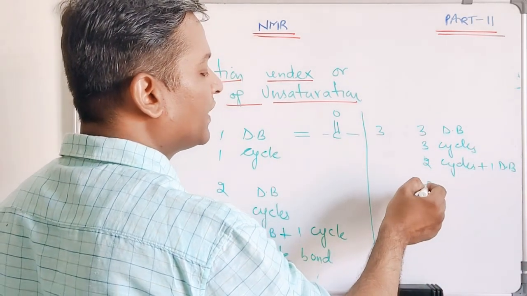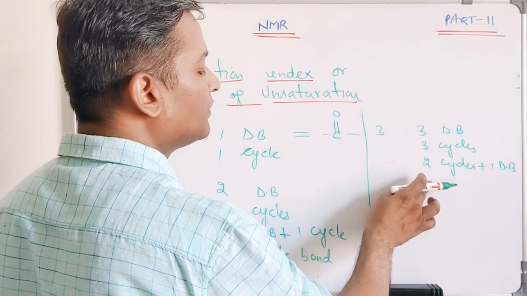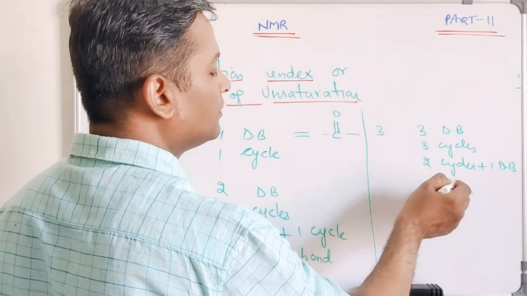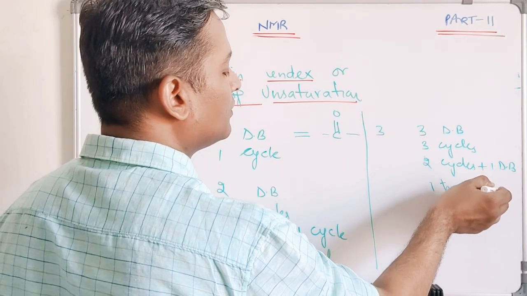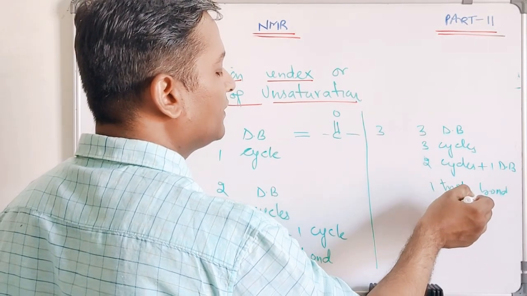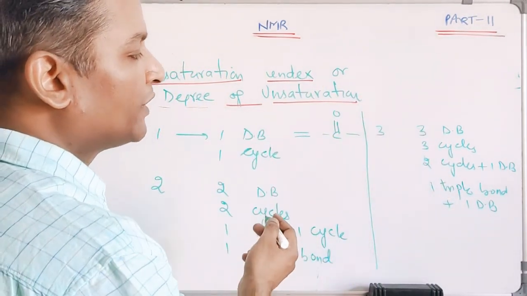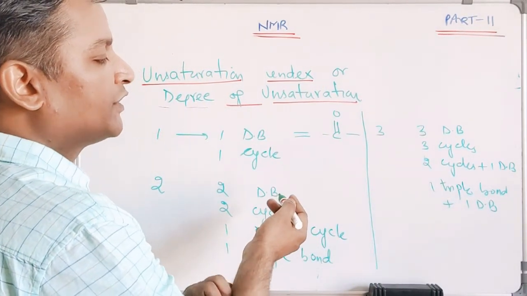Or it means one triple bond plus 1 double bond, and different types of combinations are possible in this case. You can make out different combinations involving 3 unsaturation index.